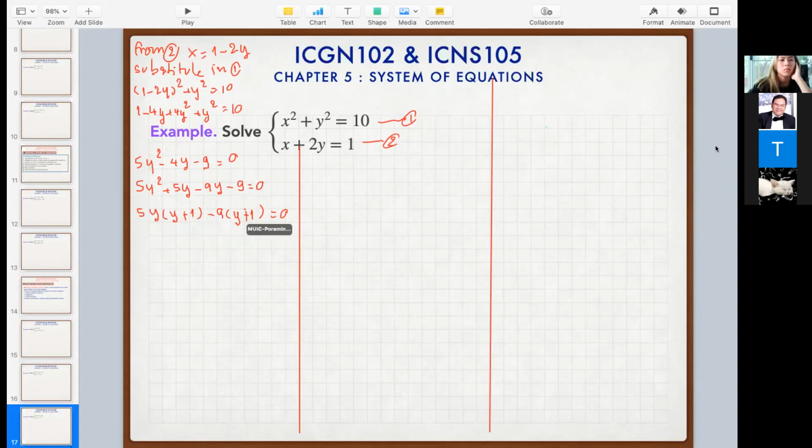Then I have (y plus 1) times (5y minus 9) equals 0.